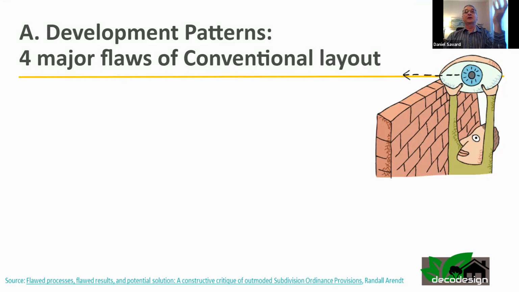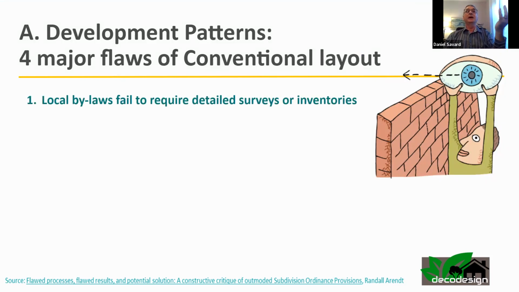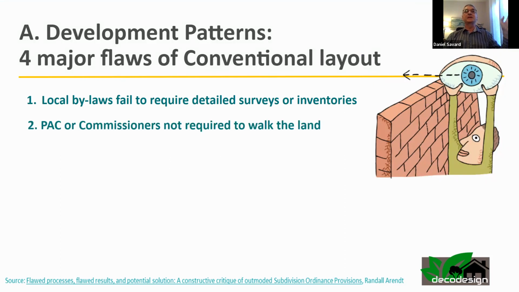that have been noted by a lot of people in planning and in the field. Local bylaws, for example, fail to require detailed surveys or inventories. And the Planning Advisory Committee or the commissioners are not required to walk the land. So they always talk about a 2-dimension type of plan for really a 3-dimension site.